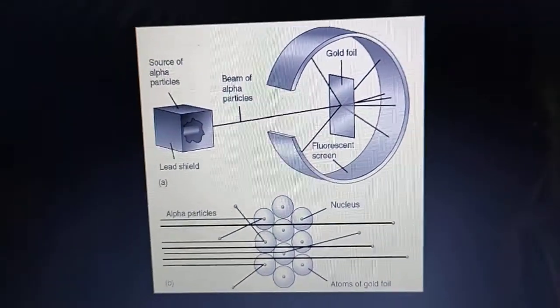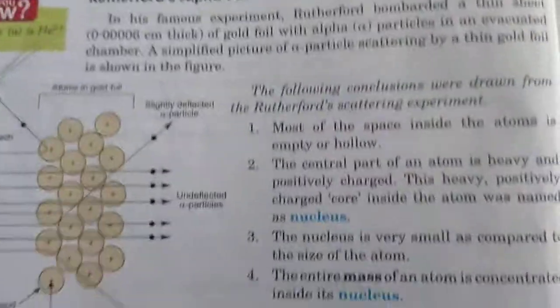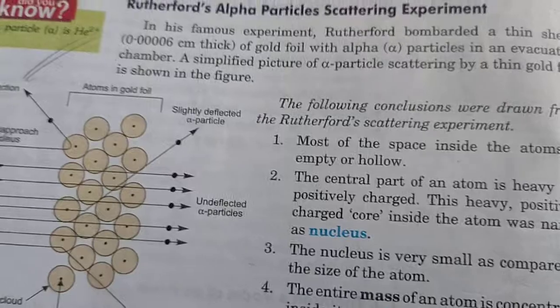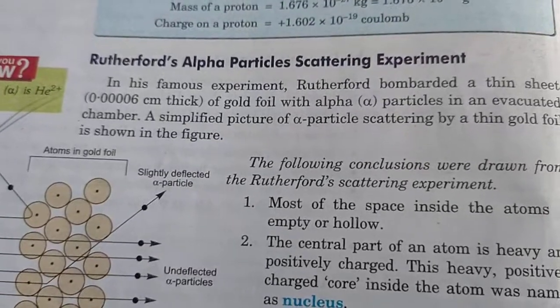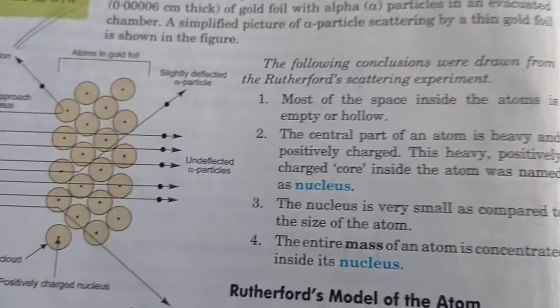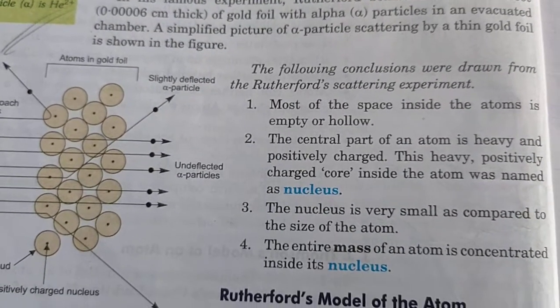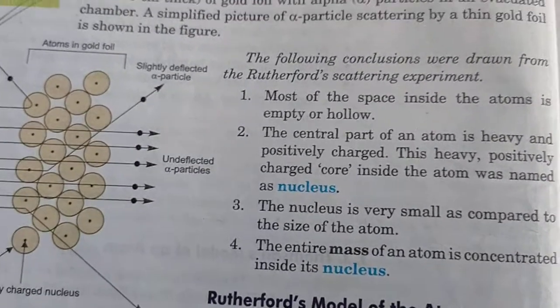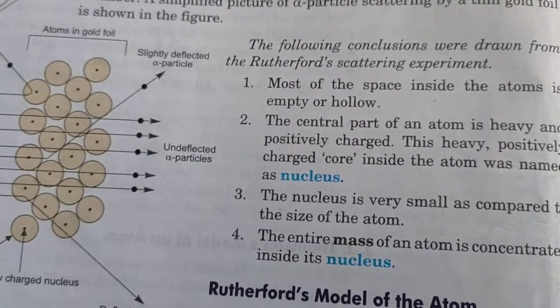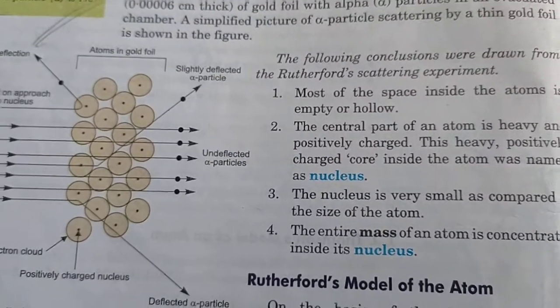The following conclusions were drawn from the Rutherford experiment. As I told you, nearly 99.9% of alpha particles passed undeviated. That means most of the space inside the atom is empty or hollow. Some of the alpha particles were deflected by small angles.